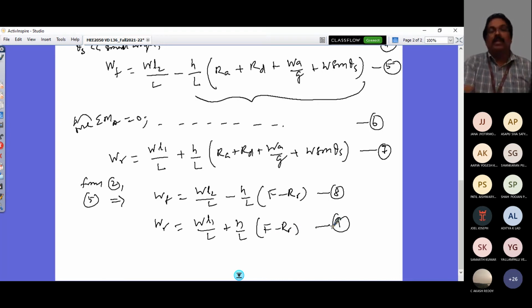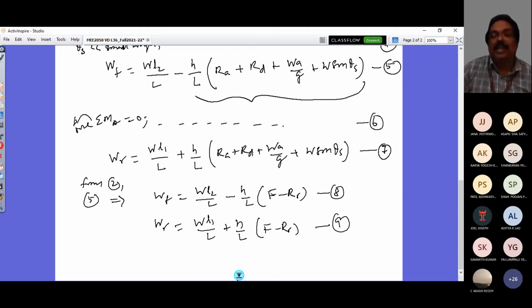Right? So now we look at, I have replaced all these resistances by only this, the forces at the tire contact patch. These all of course act on the vehicle body, but now I have my load at the front and rear axle given by this expression, right? What is there in this bracket is equal to all these resistances.